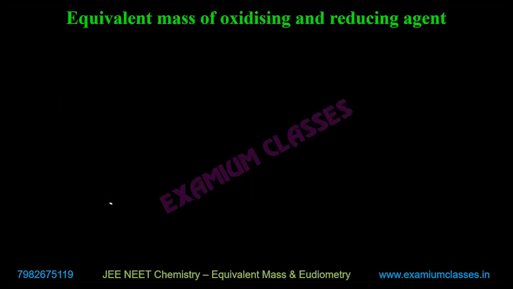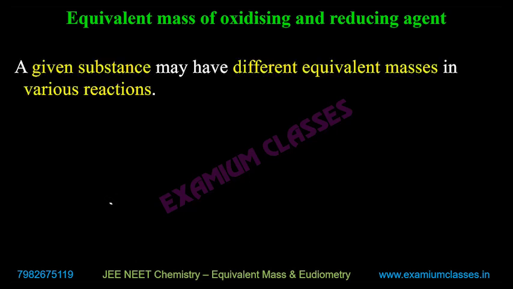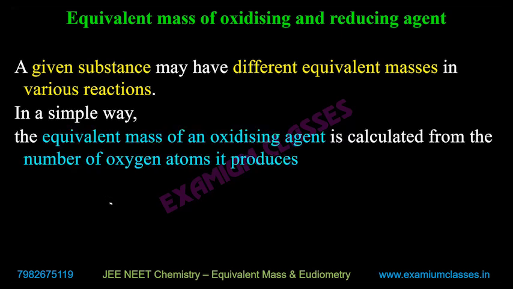Next, equivalent mass of oxidizing and reducing agents. A given substance may have different equivalent masses in various reactions, depending on, as I said, what oxidation state it is showing there, which is similar to what we talked about with valency. In a simple way, the equivalent mass of an oxidizing agent is calculated from the number of oxygen atoms it produces.